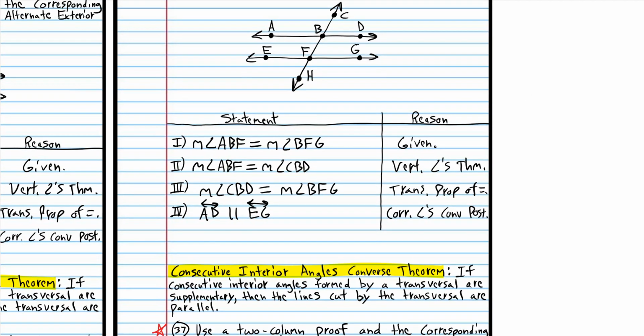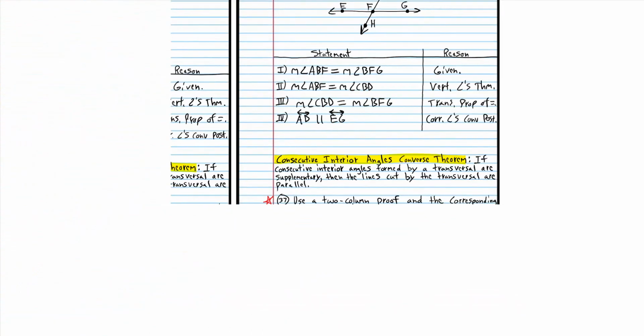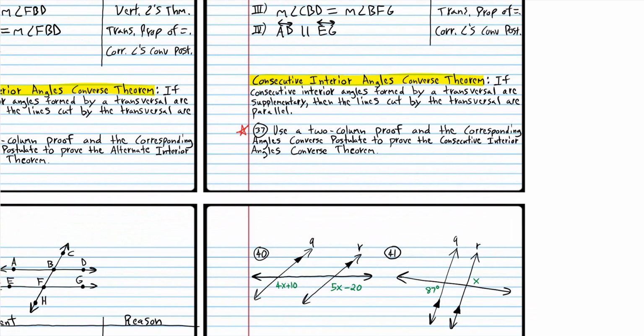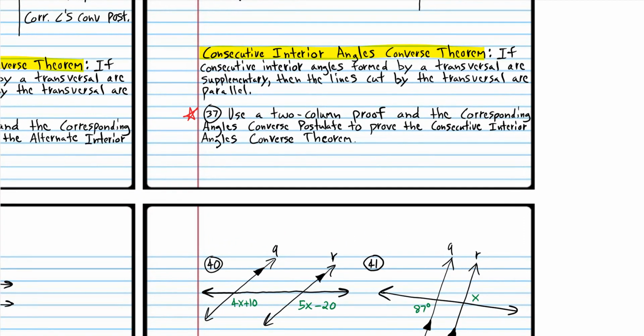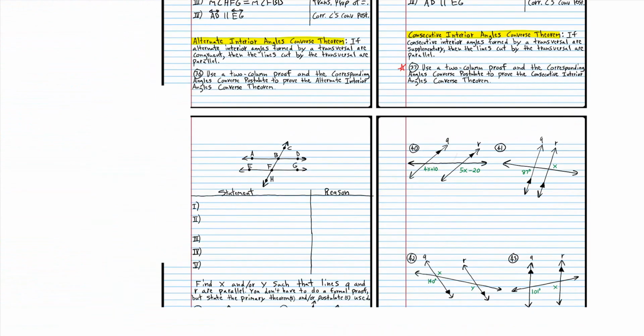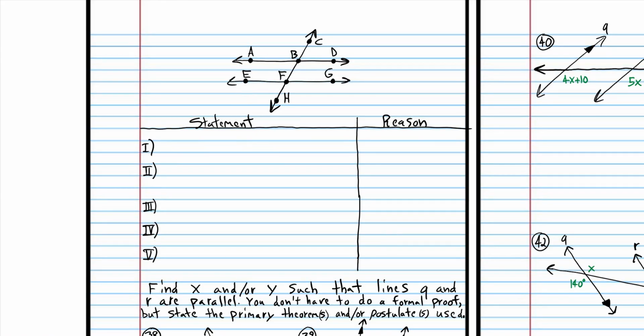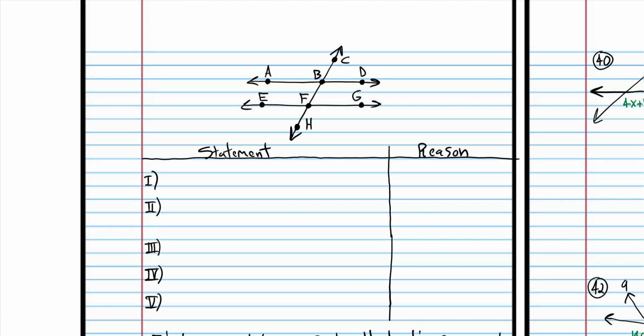All right, now we're going to prove the converse of the consecutive interior angles theorem. And by the way, if you got that right, good job. Use a two-column proof and the corresponding angles converse postulate to prove the consecutive interior angles converse theorem. So in this case, we're assuming that consecutive interior angles are congruent. So we can just choose these two. You can choose these two if you want, but it doesn't really matter.